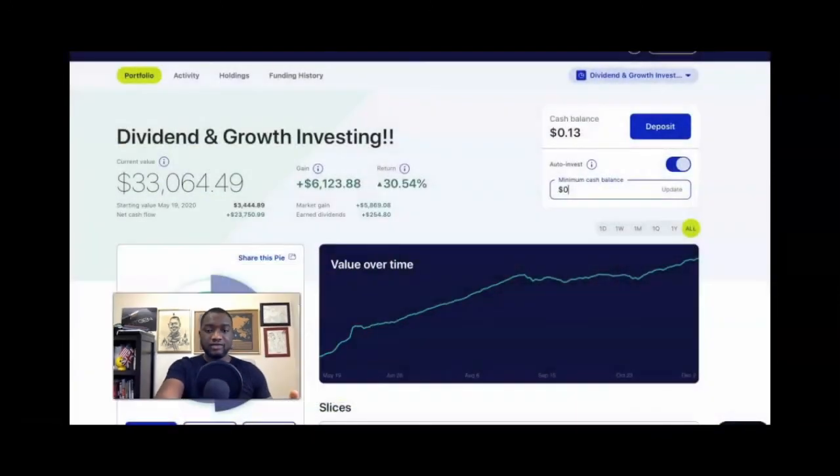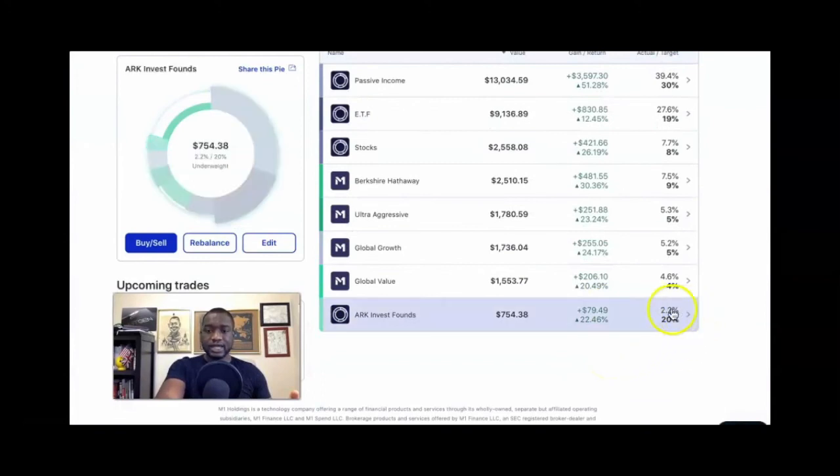Because whenever you're rebalancing, that's what you're doing anyways. You're selling out of the stock that has gained the most, and you're taking that money and using it to buy the ones that have gone down in price, or the ones that don't have a lot in it, like what I just showed you with the allocations, like right here. 20% is my target allocation and 2% is the current position.